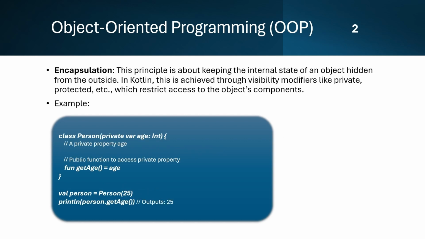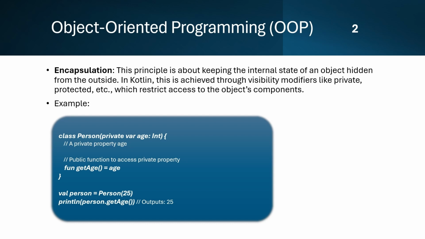The next concept is encapsulation. This principle is about keeping the internal state of an object hidden from outside. In Kotlin, this is achieved through visibility modifiers like private and protected, which restrict access to the object's components. Here is an example.